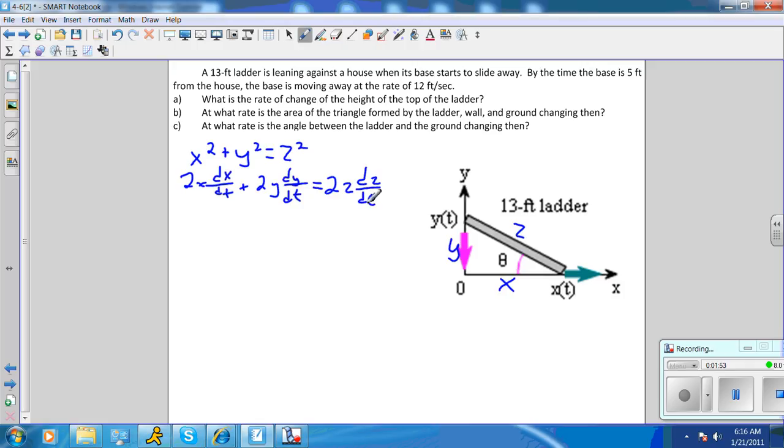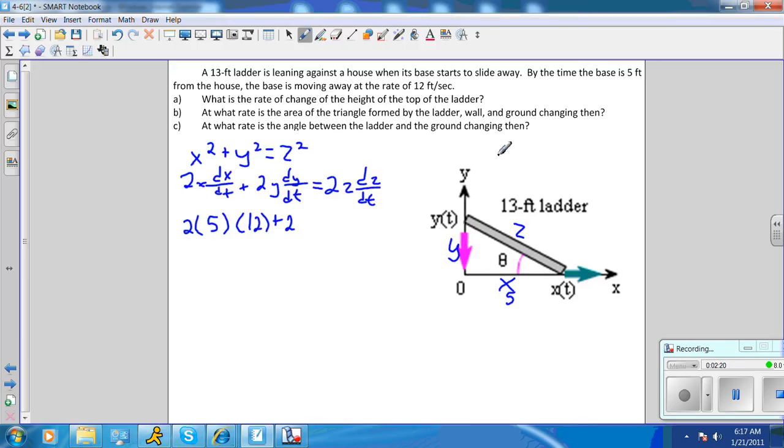Notice I did all that without plugging any numbers in. We plug in the numbers at the end. So here we say it's 2 times 5, since we want it to be 5 feet away from the house. At that instant, it's moving 12 feet per second away, plus 2 times y. If this is 5 and this is 13, we could use the Pythagorean theorem to figure out what y has to be at that instant.